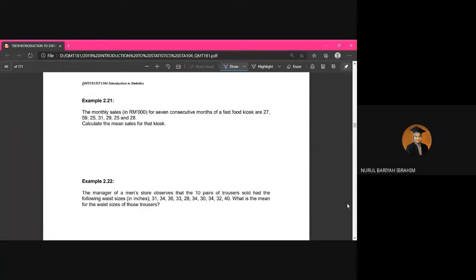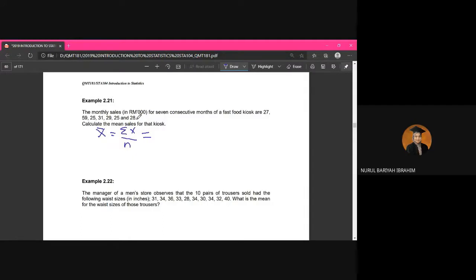Okay, look at the example. The monthly sales in thousands for 7 consecutive months of a fast food kiosk are RM27, 59, 25, 31, 29, 25, and 28. Calculate the mean sales for that kiosk. So, as we know, the formula to find x bar is summation of x divided by n, where summation of x is when we add up all the data that we have here.